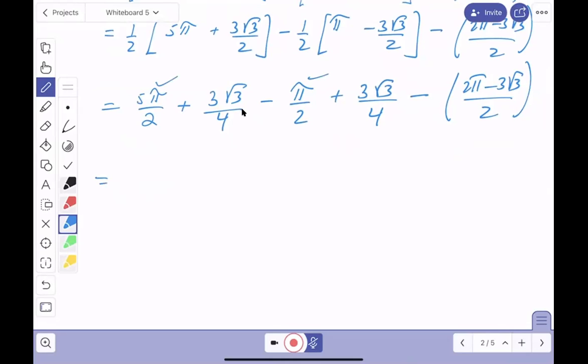And that's going to be, let's see, 4 pi over 2, right? If I do this and this, that's going to be 6 quarters, which is 3 halves.